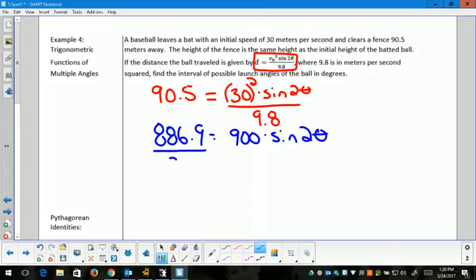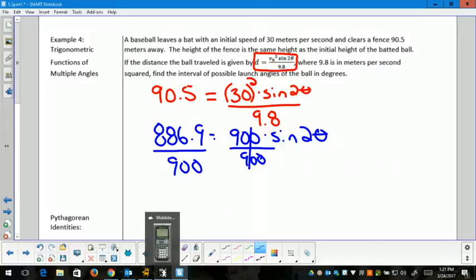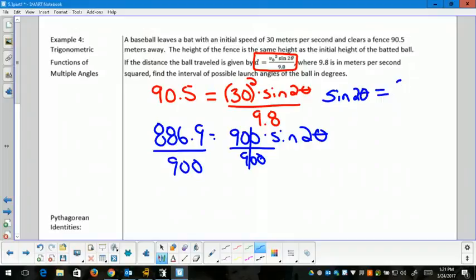That's not going to work out to be pretty, and I do not want to round it because I could get a rounding error, especially when I have a function involved, not just division. So I'm going to leave it like this for now. Sine of 2 theta equals 886.9 over 900.